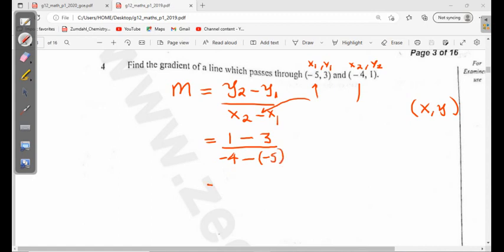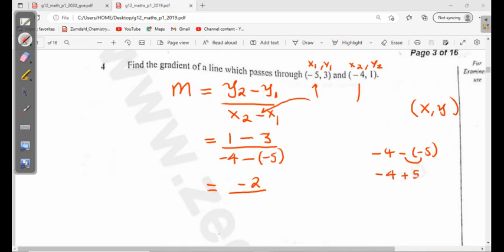So on top we've got 1 minus 3. Whenever you're subtracting a big number from a small number, the answer is going to be negative. So 1 minus 3 is negative 2. And then down we have negative 4 minus negative 5. This negative and this negative, when they multiply, give us a positive. So that would be negative 4 plus 5.